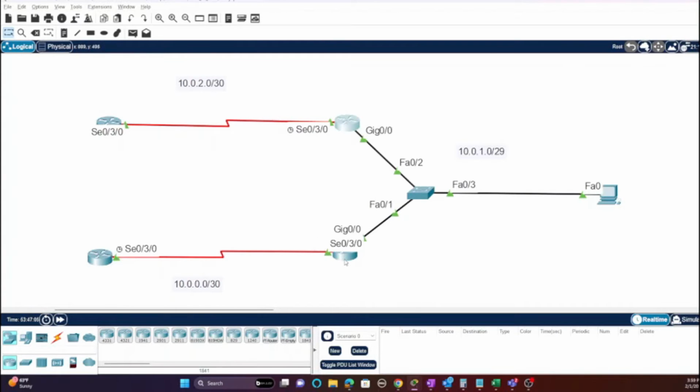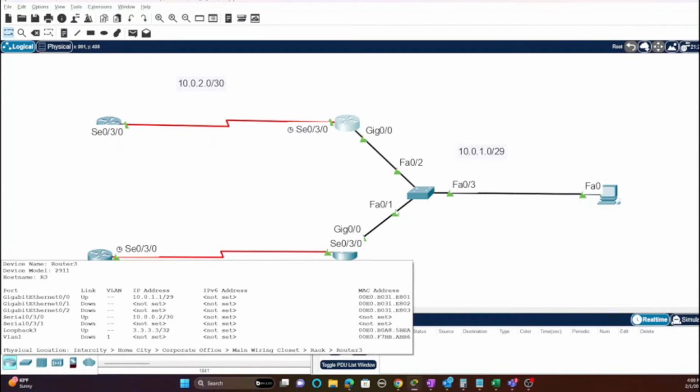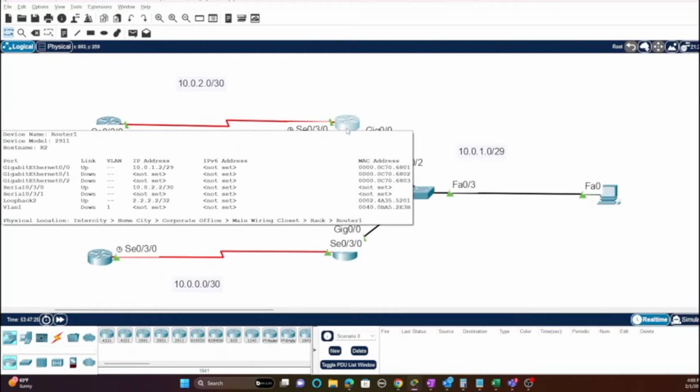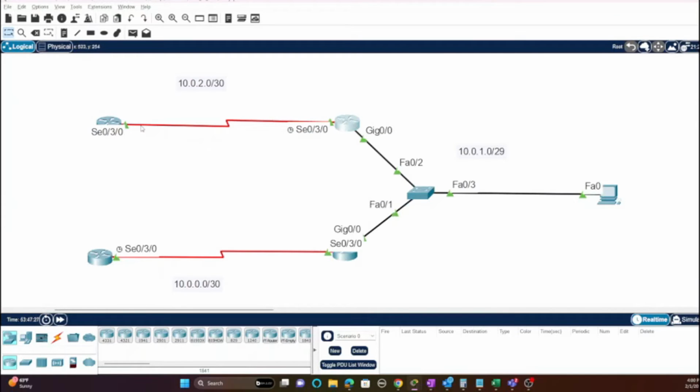But if we put him in OSPF in the same area, then he's going to know about this. That way, when he sends the ping out to get to this network, it's going to flow through here, hit this switch, go to the default gateway, and the default gateway is going to send it over to this guy, because he's going to know that 10.0.2.2 is hanging off of him, because he's advertising that network to this guy.